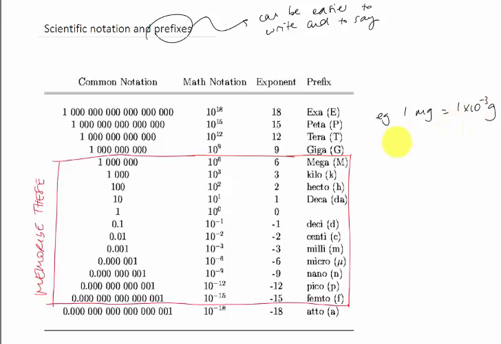Okay, so if we had 20 milligrams, that's equal to 20 times 10 to the minus 3 gram, which isn't in standard form, but that's all right. We can go the other way too. So if we've got, let's say, 6 times 10 to the minus 9 meters, then we could say that's 6, look at minus 9 here, nanometers.